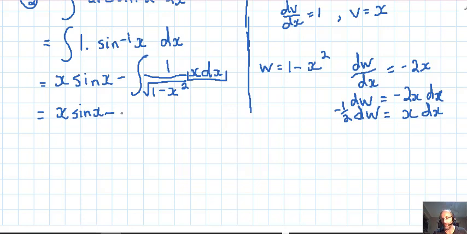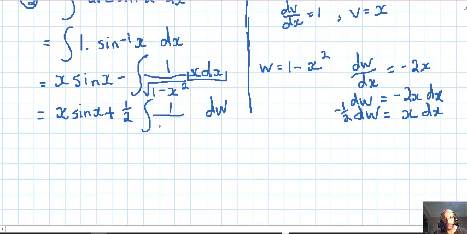So we're going to put the negative a half in there. There's the half, and the negative will actually turn that into a plus. So plus a half integral. It's time to make that substitution now. So we've got our dw there, and we've made the substitution involving w there.